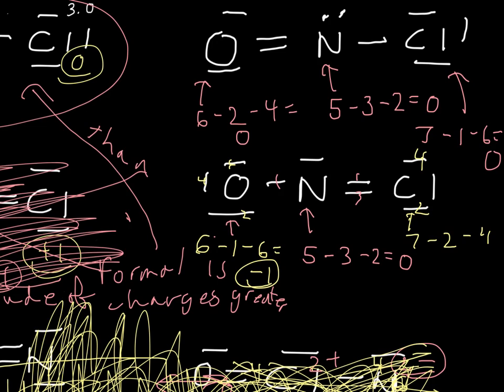So that chlorine only has 4 lone electrons, and that gives us a positive charge of +1. So you've got +1, -1, and 0.